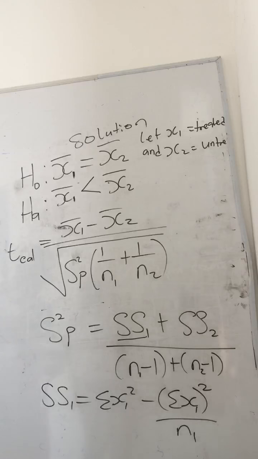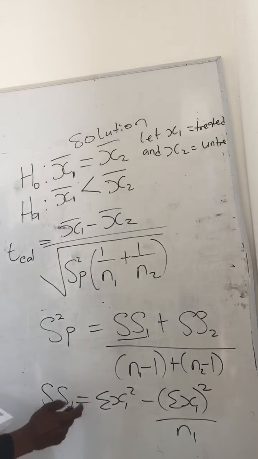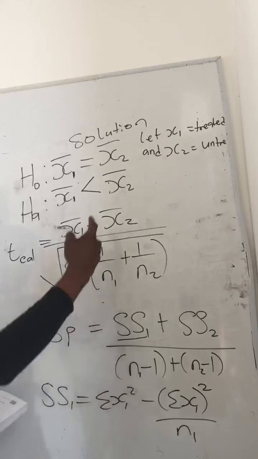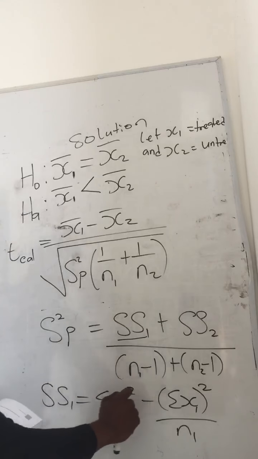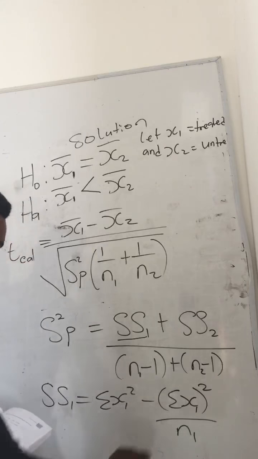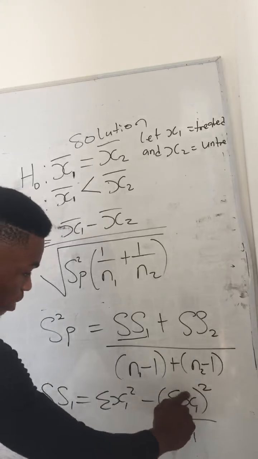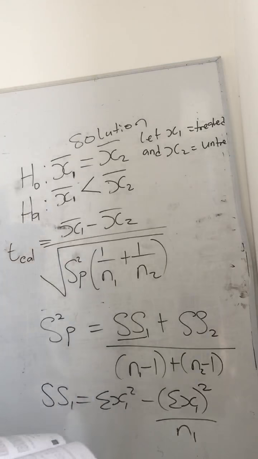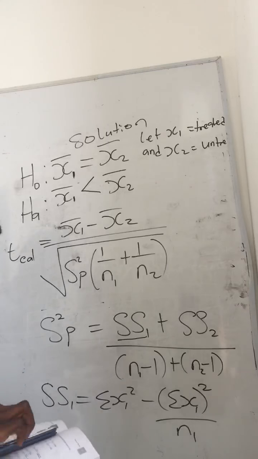So let's take note of the formula. The sum of squares is given by the summation of x squared of S1, that's the treated, minus the summation of x in brackets all squared, divided by the n. And the summation of x squared, we can obtain that with our calculator.